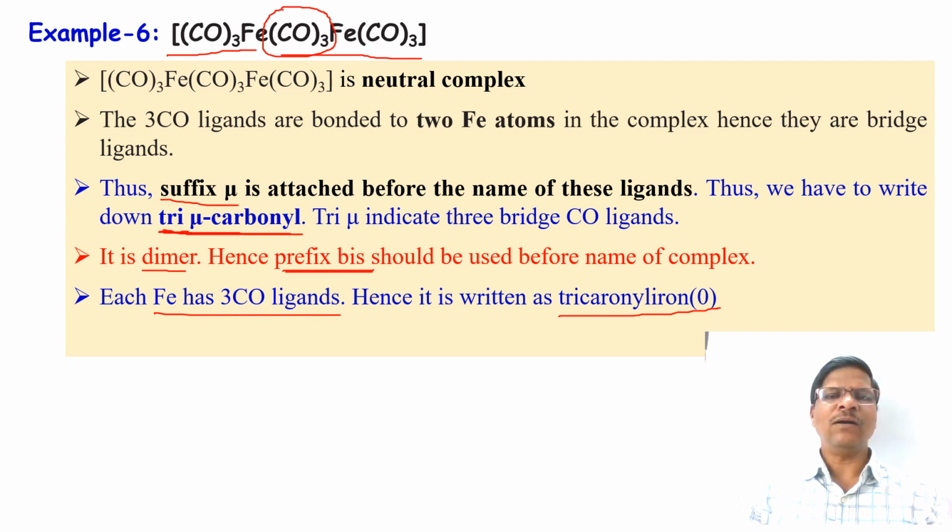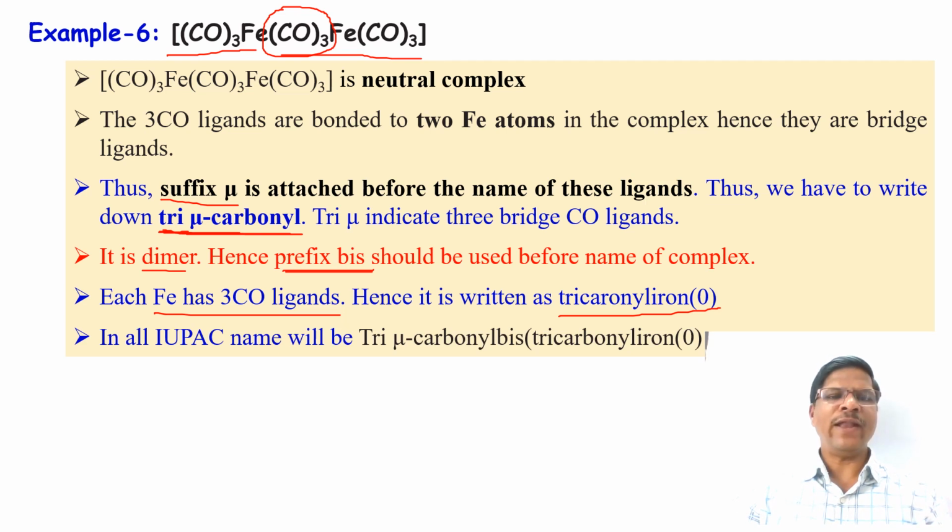So the monomer will be labeled as tricarbonyl iron 0. So the overall name will be tri-mu-carbonyl bis tricarbonyl iron 0. This will be the IUPAC name of the Fe2CO9 coordination complex.